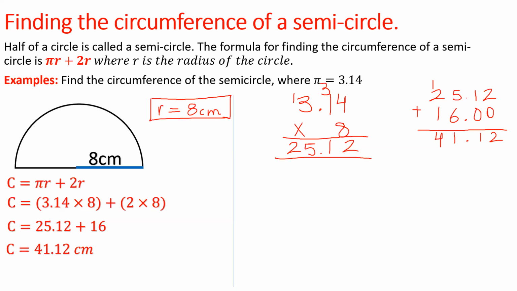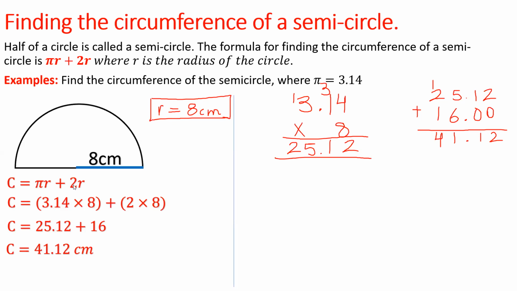And what is pi? Pi is 3.14. Good. So it's going to be 3.14 times what? Times r. And what is r? 8. Very good. So 3.14 times 8 is what? 25.12. Good.